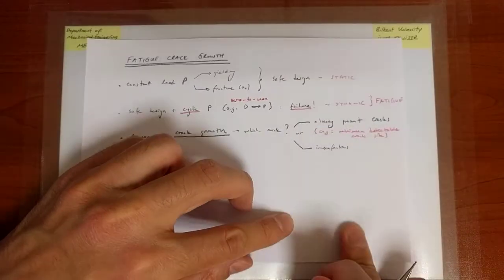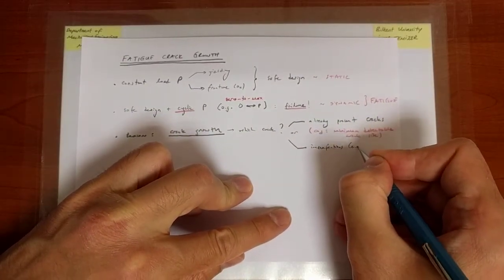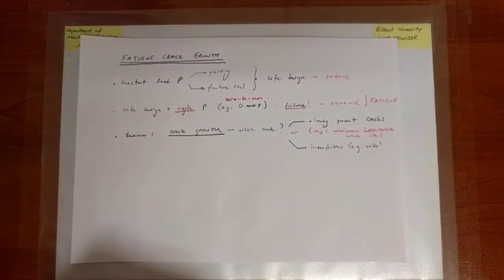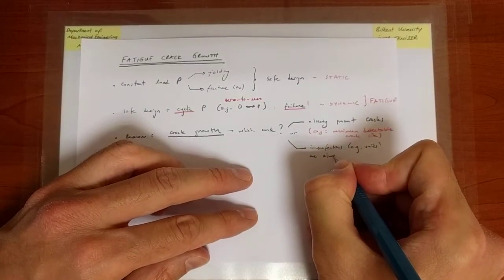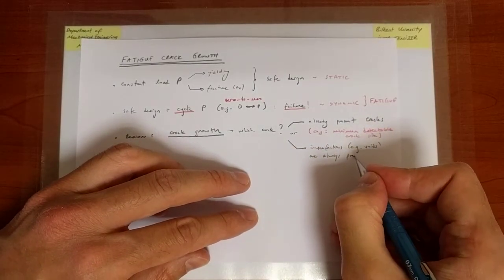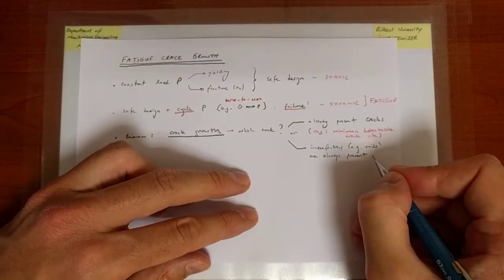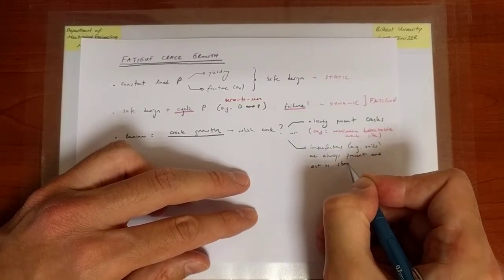So there might be imperfections, and a void is one of them. Such imperfections are always present in a structure. And these act as stress raisers.